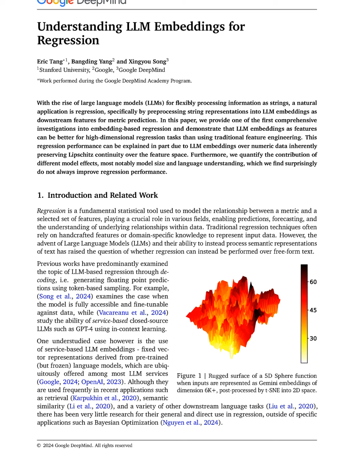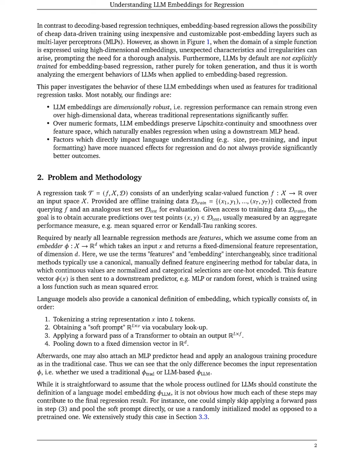The method presented in the paper aims to address the underexplored potential of using large language model (LLM) embeddings for regression tasks, particularly in contrast to traditional regression techniques that rely on handcrafted features. Specifically, it investigates how LLM embeddings can serve as robust features for regression, especially in high-dimensional spaces where traditional methods often falter.